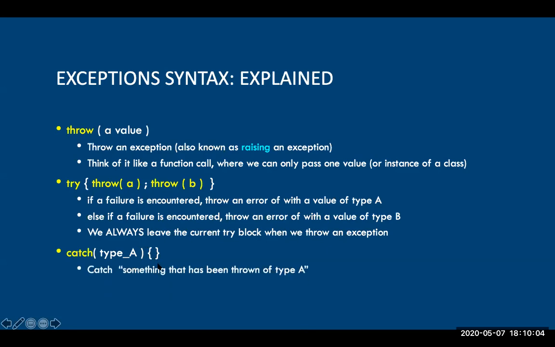And we can have lots of catchers. Like we could have a catcher for type A and a catcher for type B based on what kind of error was thrown. It's a little weird, and we'll explain to you why it's done based on type and how you can craft that to do something more meaningful for you. But that's the basic structure.